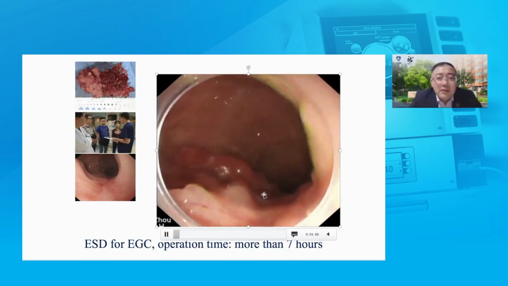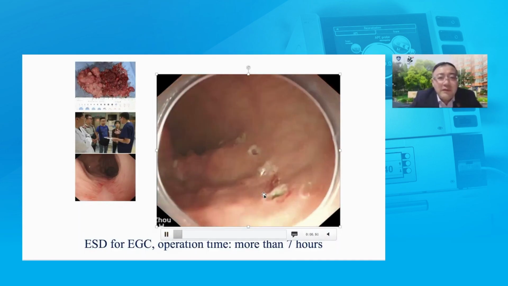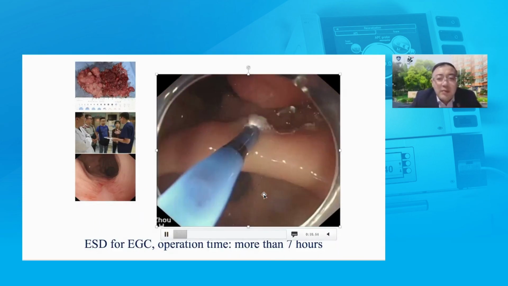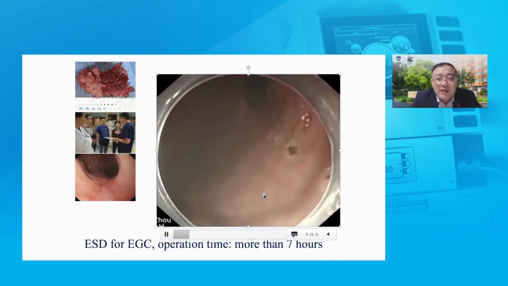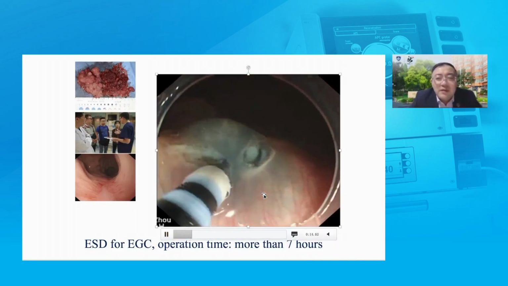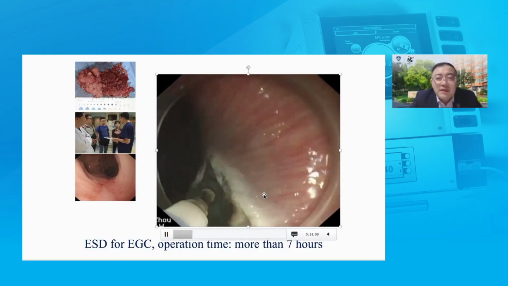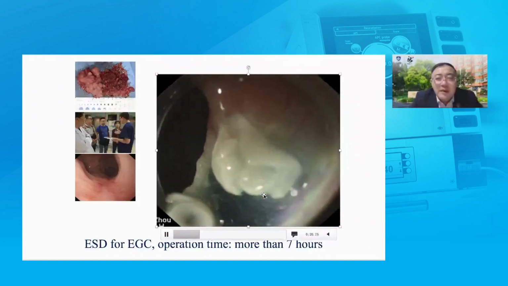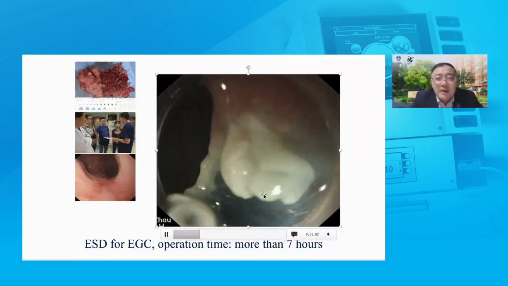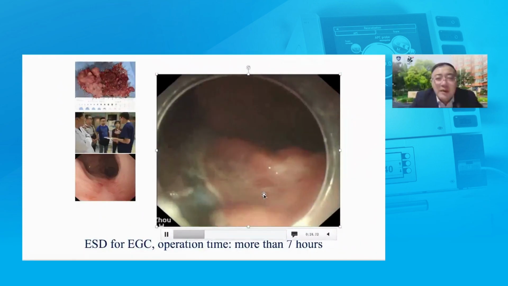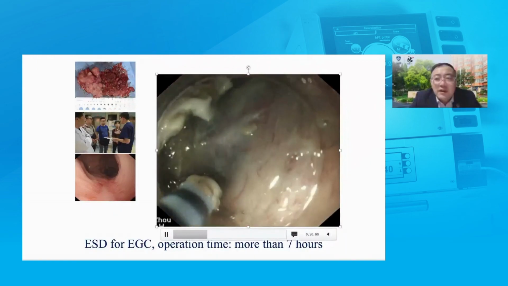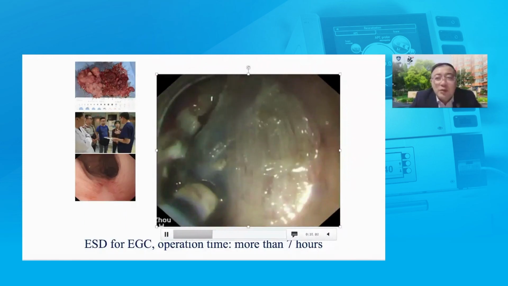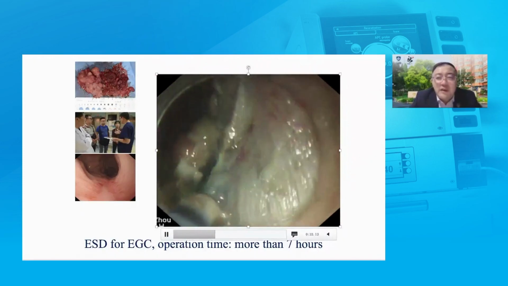The lesion was very, very big, about 15 times 4 centimeters, and the operation time was more than 7 hours. The patient's stomach was successfully preserved. After a 7 hour procedure, it means the tumor for me is very, very big.